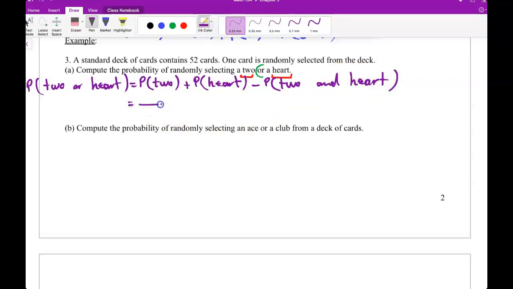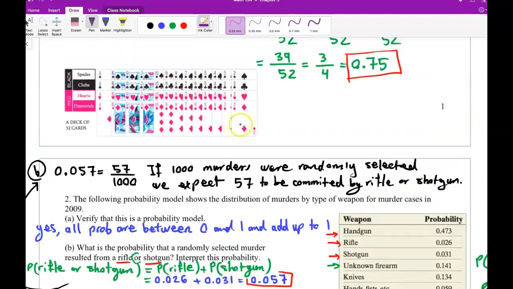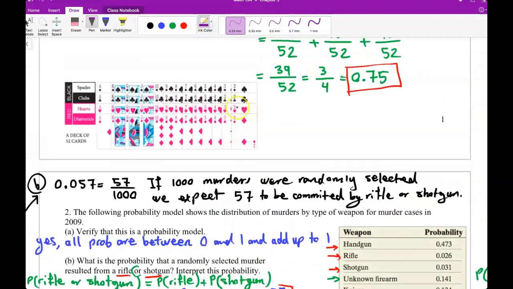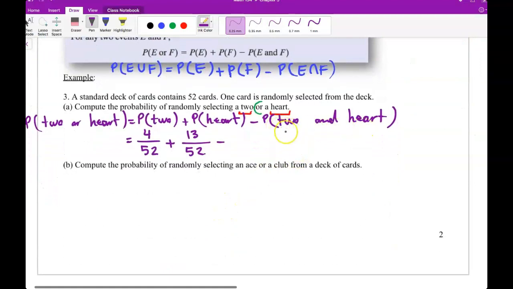So that is equal to: how many 2s do we have? We have 4, and the total number of cards is 52, plus how many hearts do we have? 13. Again, we have 52 cards, minus the only one that we have both heart and 2. See, this is only one card here. So we have 1 having both of these events.